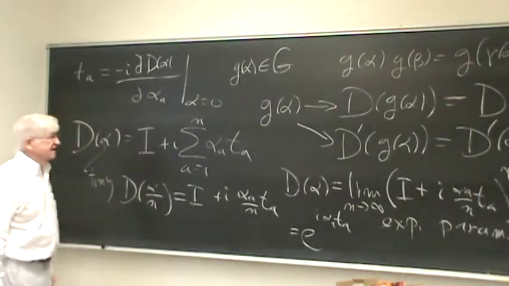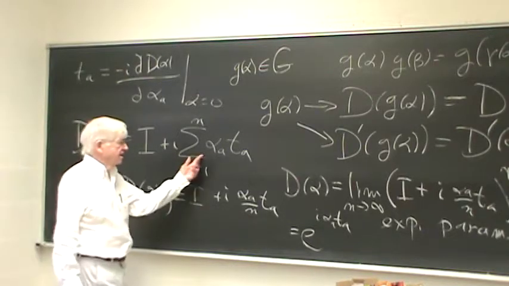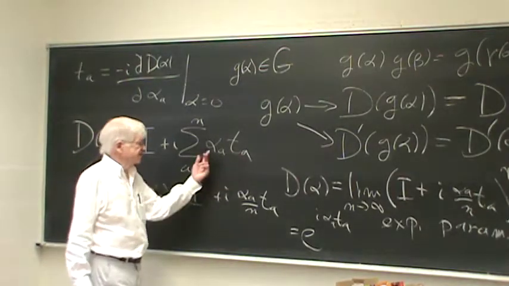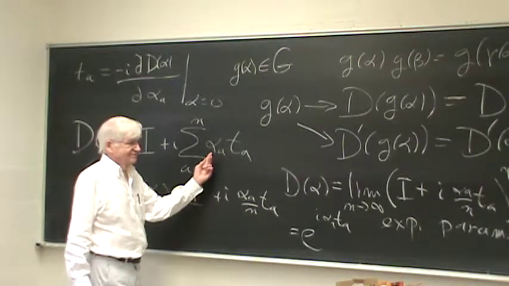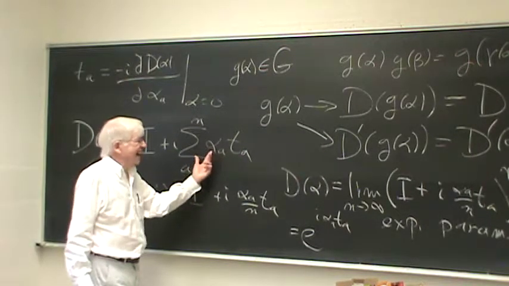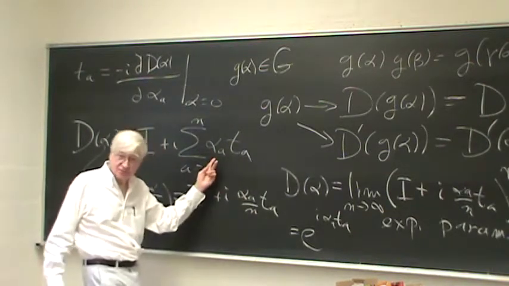And I guess I neglected to say that the alphas are real by convention. If we needed otherwise, and in some cases we do, it would be as if we had complex alphas. What we have is a different generator, but we keep the alphas real.